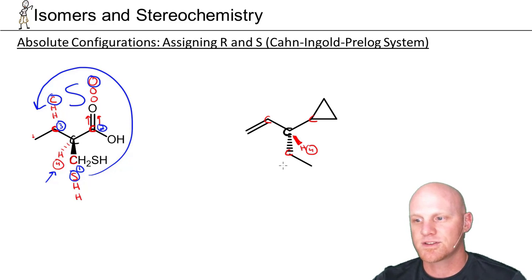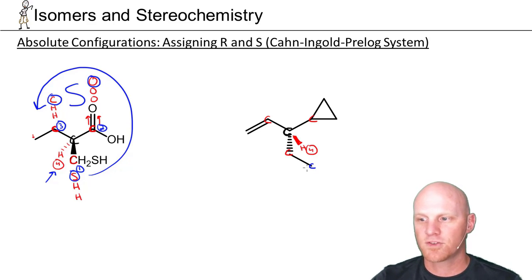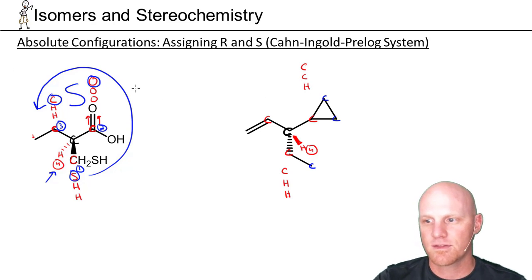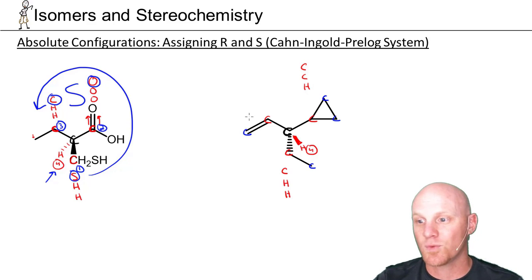If we take a look first at the one on the bottom, that one is bonded to 1 carbon and 2 hydrogens. And so we'd rank it as C, H, H. If we look at the one on the right, it's bonded to 2 carbon atoms and then 1 hydrogen not drawn in. So we'll rank it as C, C, H. And then this carbon over here is bonded to 1 carbon and 1 hydrogen, but it has 2 bonds to this carbon, so we'll count it twice, just like we did with the oxygens in the previous example.